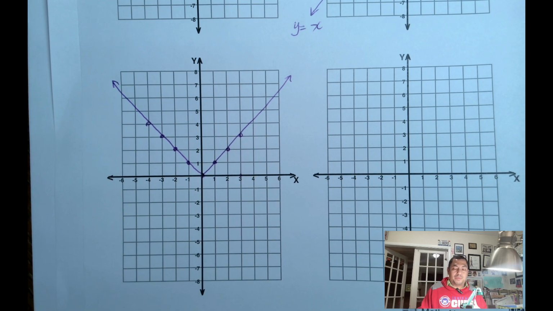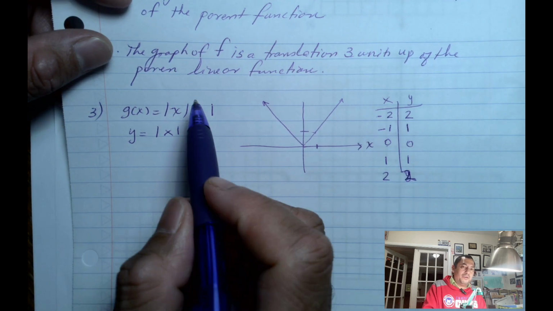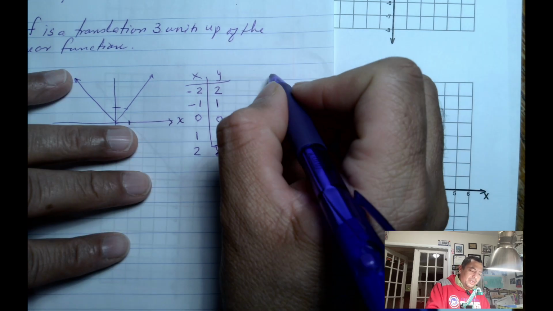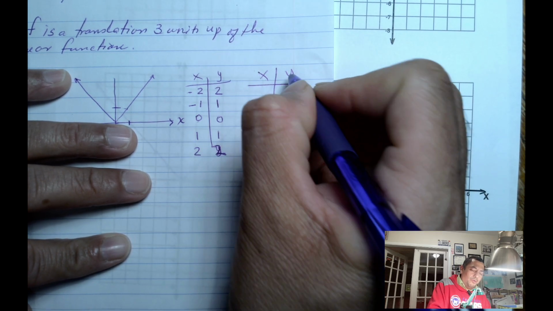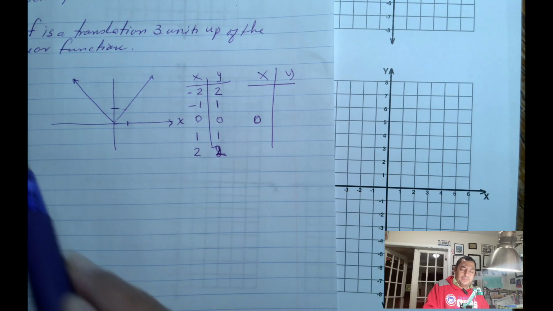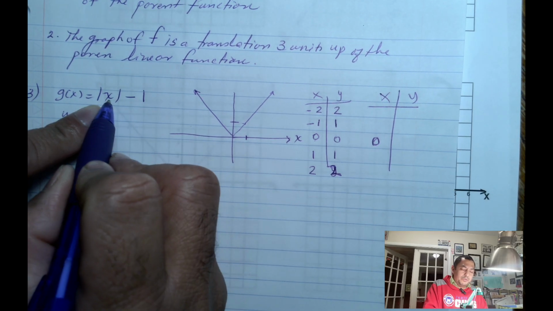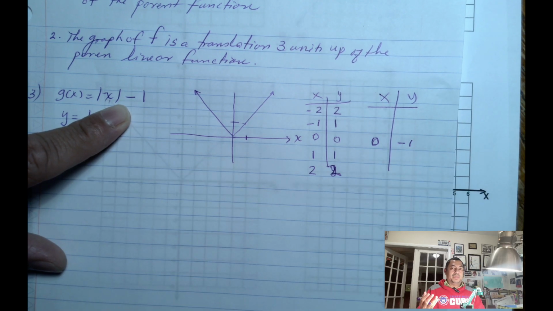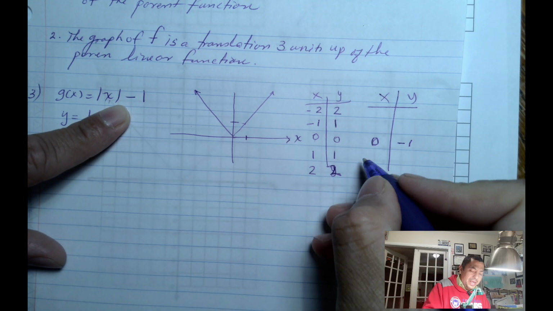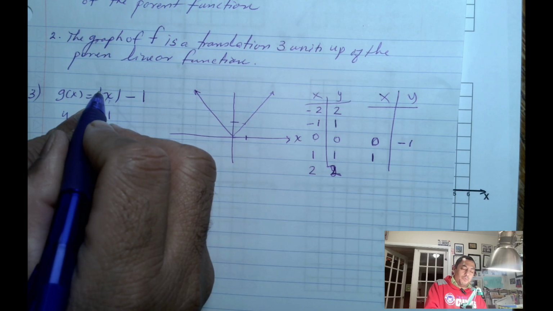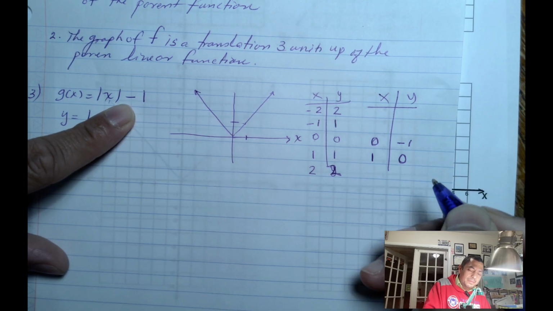Now what happened with the problem that we have is the absolute value of x minus 1. So let me do the table of values here. I have x, y, and I'm going to start with the same, 0. If x is equal to 0, y is equal to -1. What that means is it went down 1 unit from your parent function. If x is equal to 1, the absolute value of 1 is 1, minus 1 is 0.